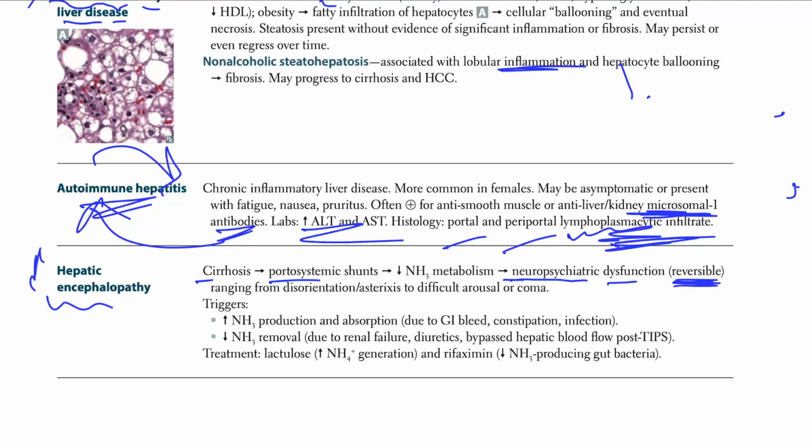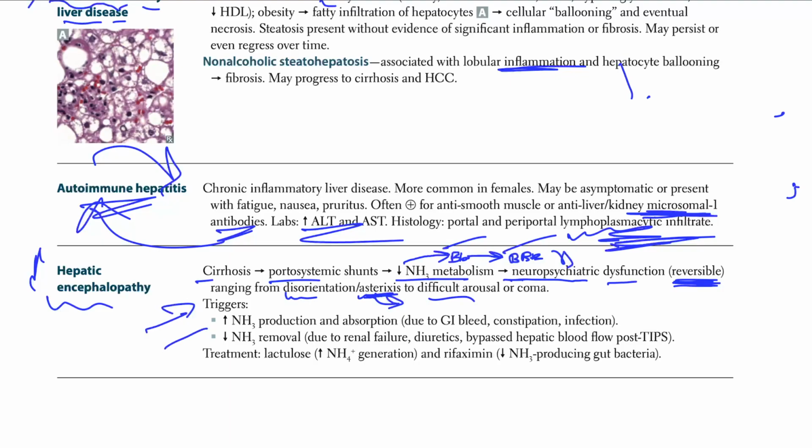Remember, when you have a decrease in ammonia metabolism, it goes into the blood. From blood, it crosses the blood-brain barrier. From there, it causes neuropsychiatric dysfunction, ranging from disorientation, asterixis, which is the flapping hand tremors, to difficult arousal or coma.